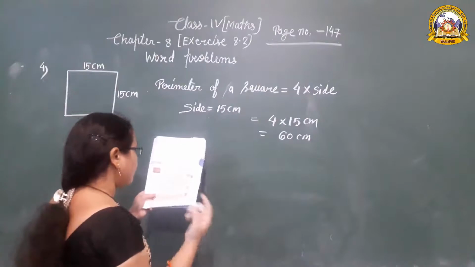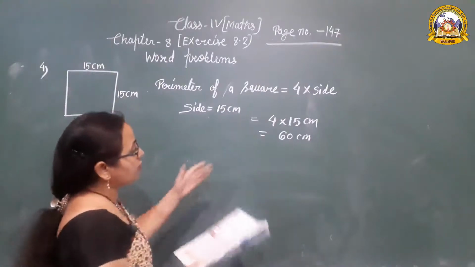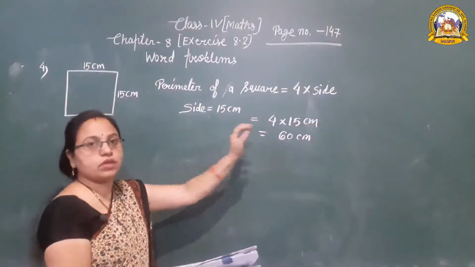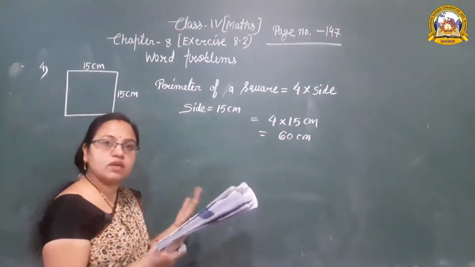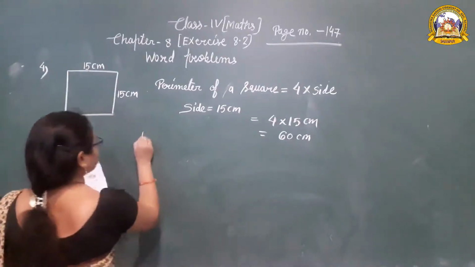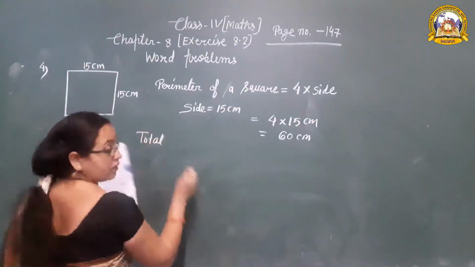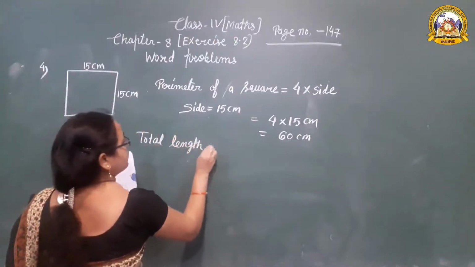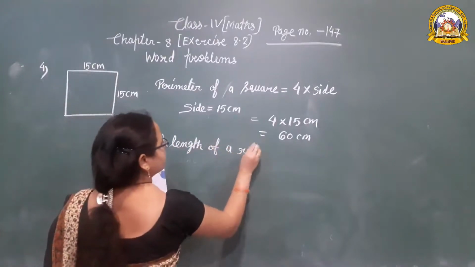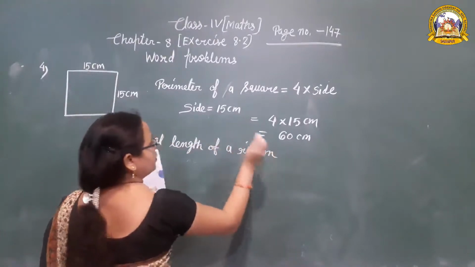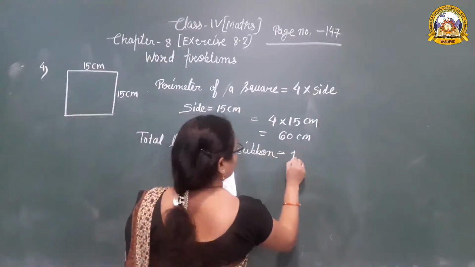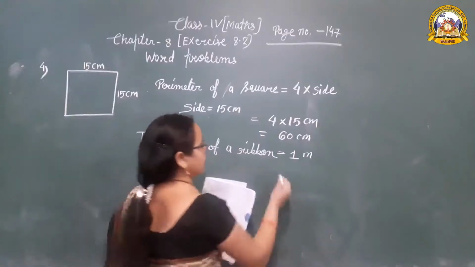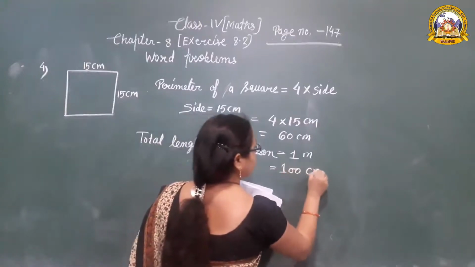How much ribbon will be left over? So how much ribbon is used to decorate the handkerchief? 60 centimeter. Now one more thing is being asked, how much ribbon will be left over. So the total length of the ribbon is equal to 1 meter. 1 meter means we can say 100 centimeter.